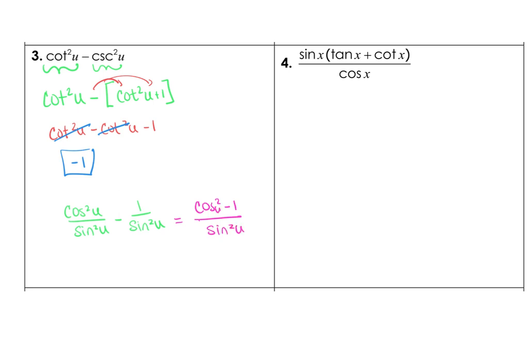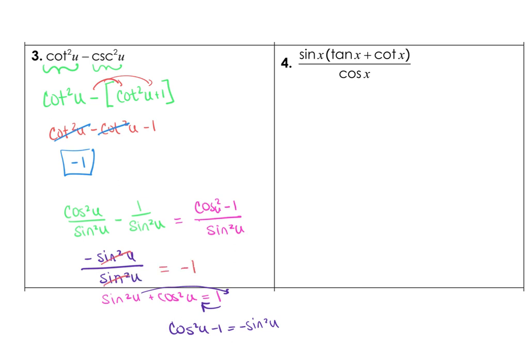All right, and if you remember your identity, sine squared plus cosine squared equals 1. So to get cosine squared minus 1, I would need to subtract the 1 over here and move the sine squared to this side. So cosine squared minus 1 is negative sine squared. And then on the bottom I have positive sine squared. Those will cancel and I will get just negative 1.